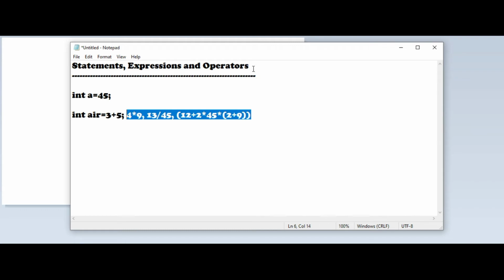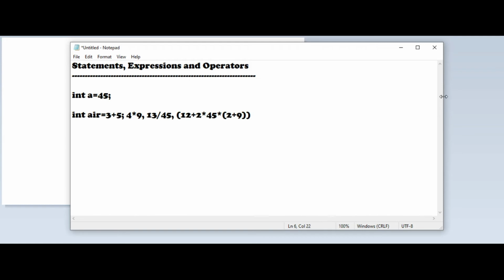Like here, we are trying to express that we want to know what 4 into 9 is. Here we want to know what 3 plus 5 is. Here we want to know the result of 13 divided by 45, and similarly the result of this. So these are all termed as expressions, and these are the operators.